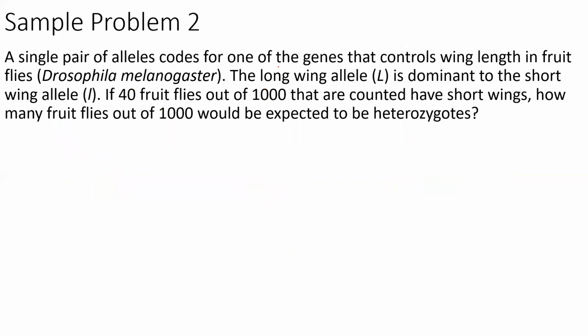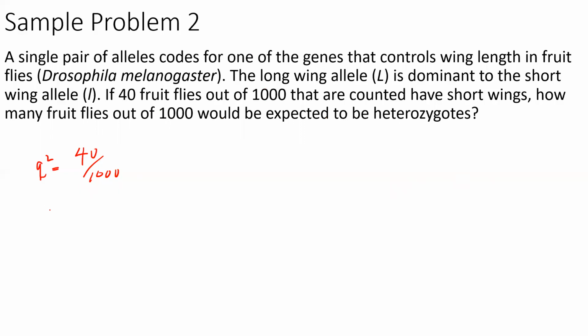A single pair of alleles codes for one of the genes that controls wing length. The long wing allele is dominant to the short. 40 out of 1,000 have short wings. Okay? So we're trying to now get heterozygotes from this.